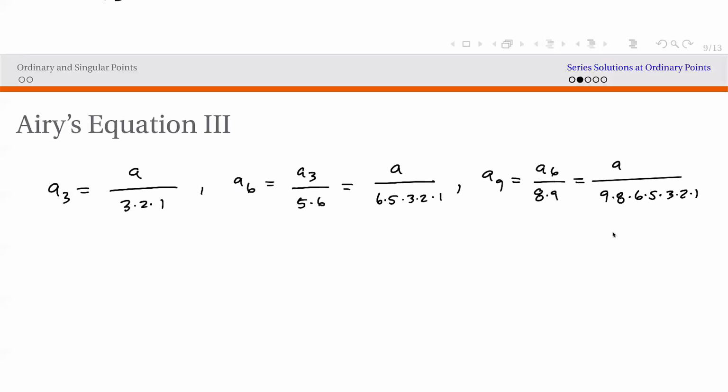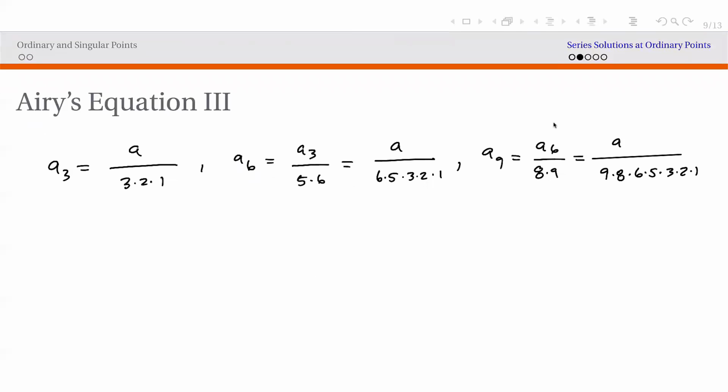You get this interesting skip of some of these terms, which means this isn't a straight factorial. So the coefficients that are multiples of 3 will depend on A. What about the coefficients that are one more than multiples of 3? Like A4 we wrote down earlier, A4 is B over 4 times 3.